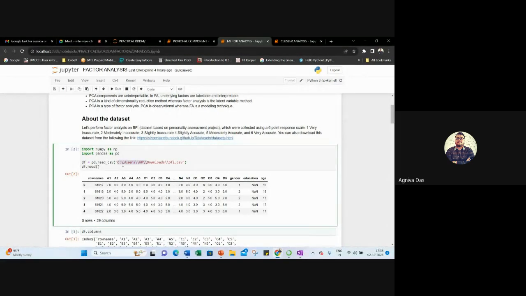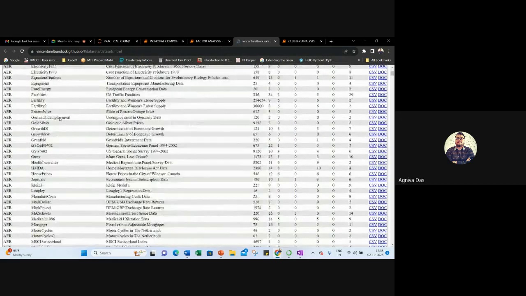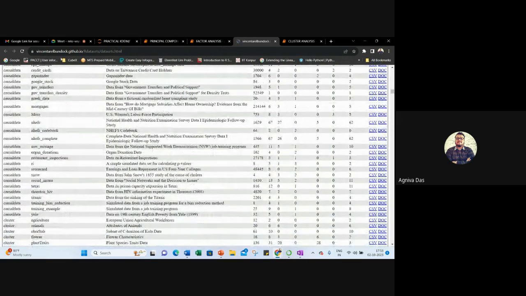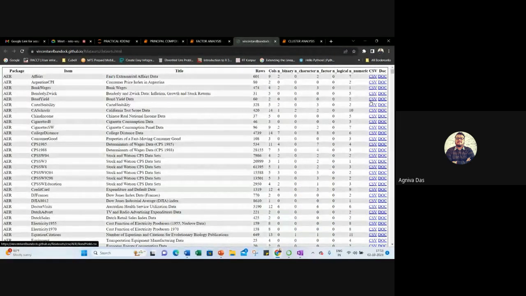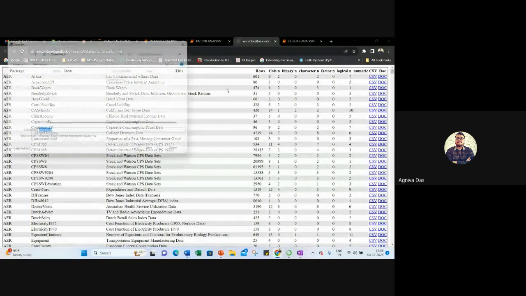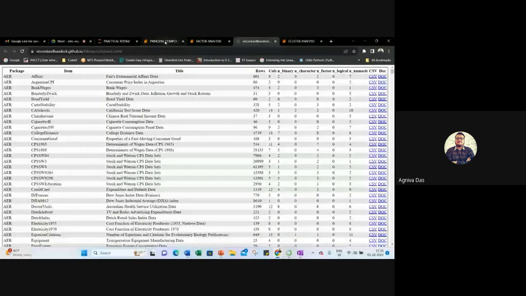I think you already know how to import a CSV data set. Very simple. If you want many more such data sets, you can simply click on the link I have provided. I think I've not provided the notebooks, but if you just click on the link, let me just show you. All these data sets are there for you to practice. This is like a repository. You can simply download any CSV data set and start working on it. So this is very good for practice. You can try it.